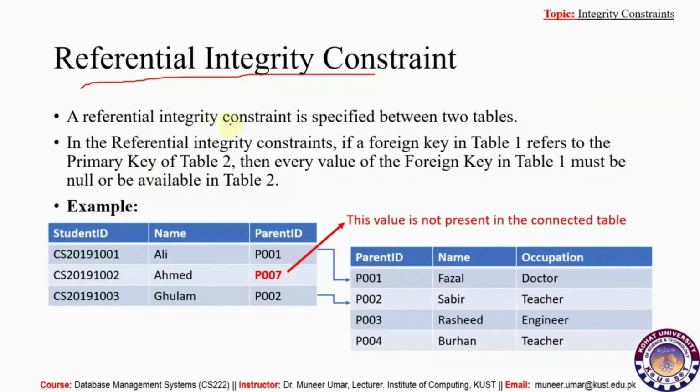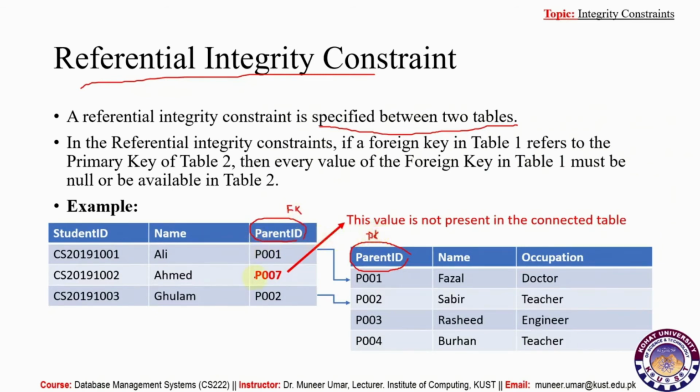So the referential integrity constraint is specified between two tables, and in referential integrity constraints, if a foreign key of table 1 refers to the primary key of table 2, so here this one is foreign key and this one is primary key. So if this foreign key is referring the primary key of the second table, then it's okay, it's not violating.